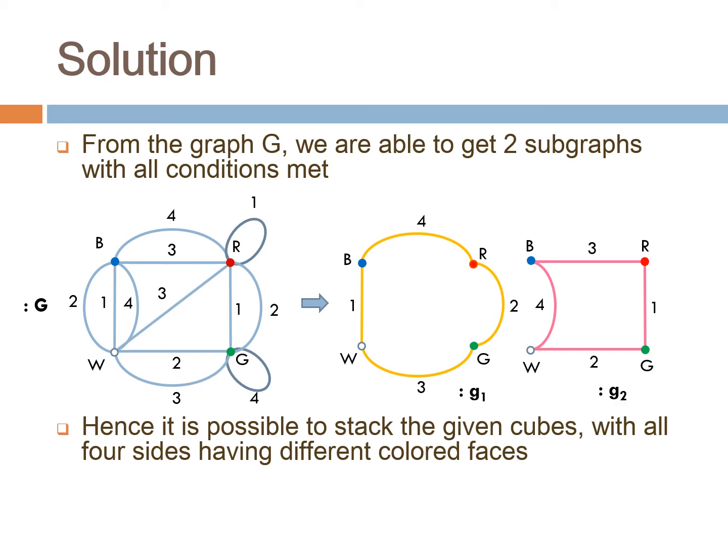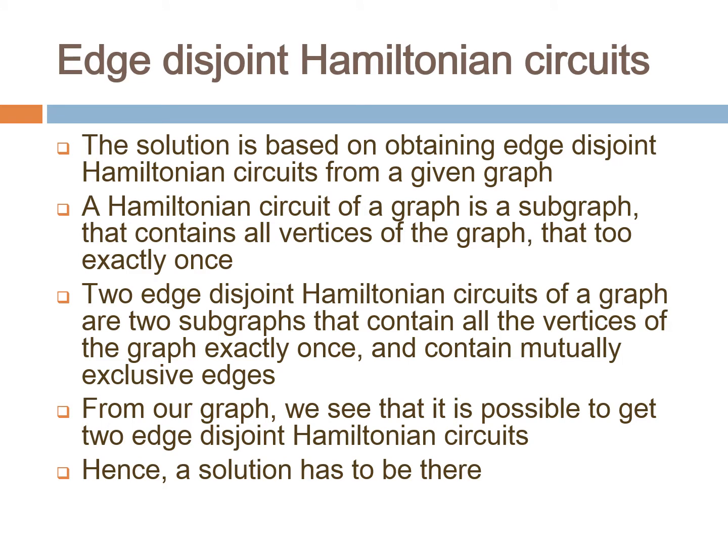The problem with multicolored cubes is based on the concept of edge disjoint Hamiltonian circuits. The solution is based on obtaining edge disjoint Hamiltonian circuits from a given graph. A Hamiltonian circuit of a graph is a subgraph that contains all vertices of the graph exactly once.